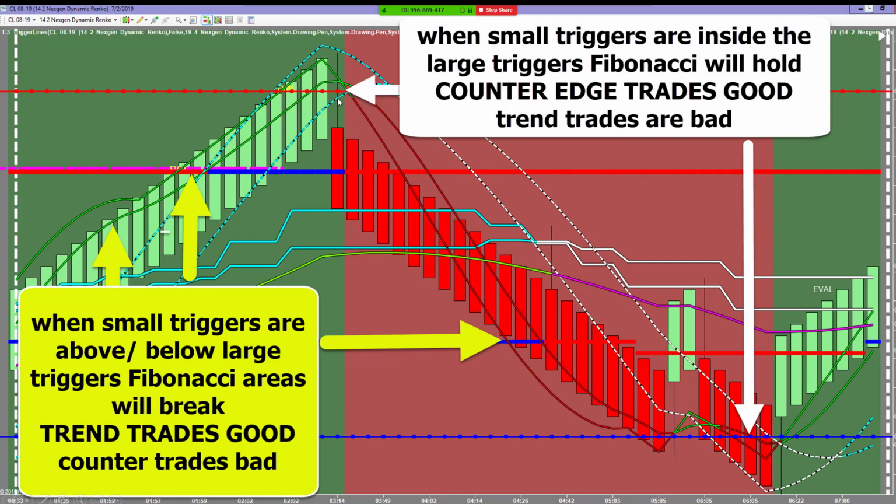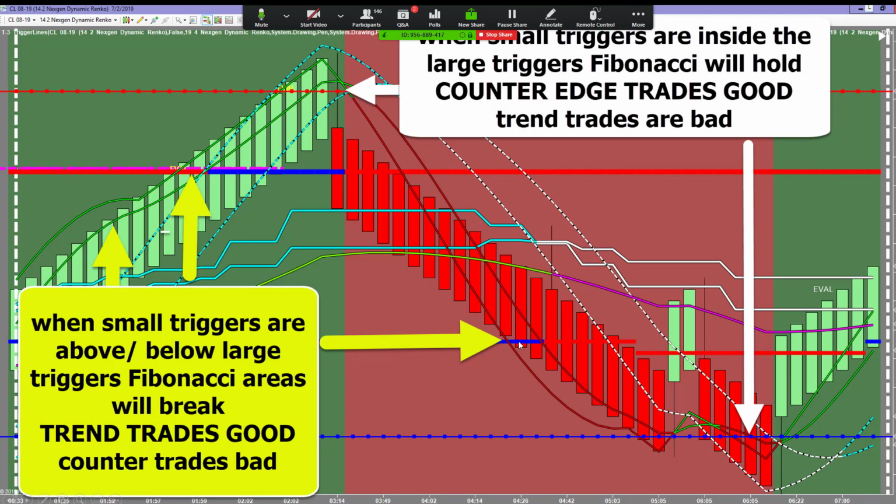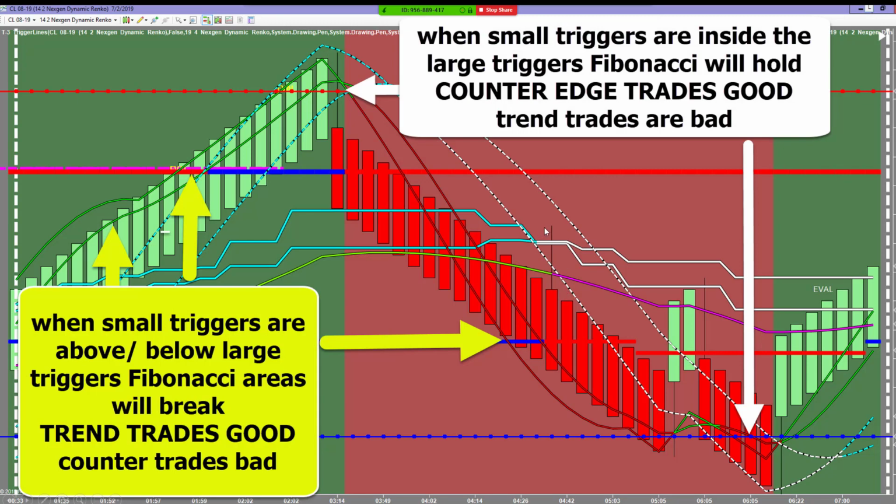That's pretty simple, right? So if you get to a Fibonacci support and the triggers are below the other triggers, we're going to do another short trade until we get to support. And then we're not going to go long because we're not sure it's going to hold until the other triggers are inside of the large triggers.